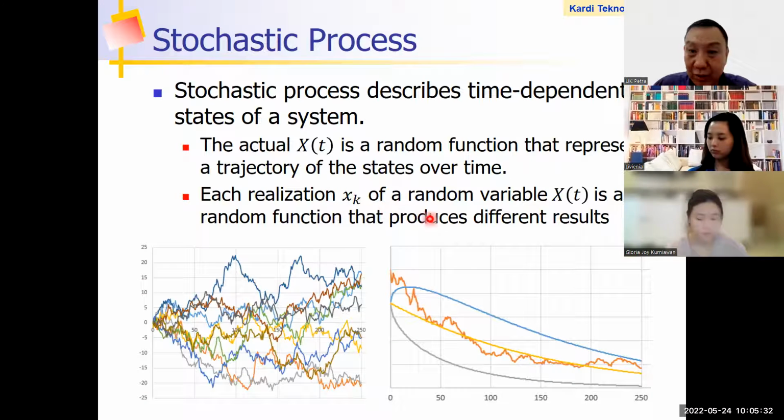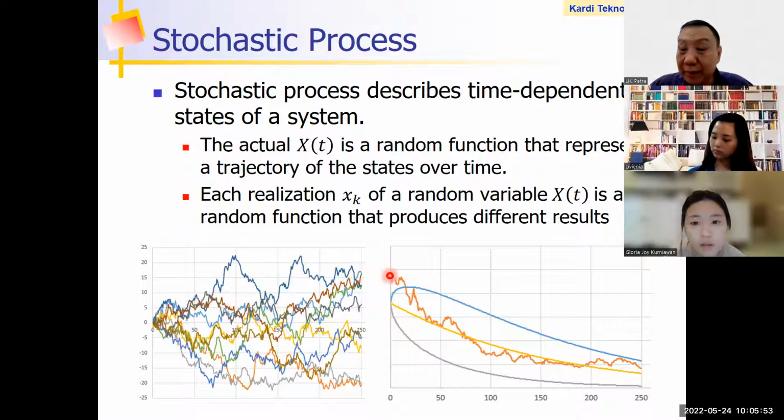And this is the realization of the random variable x. It's a random function that produces different results. That means, look, I have a random function here, and each of these will create one realization. So every time I generate, say, if I use F9 in Excel, I will generate a new one, right? So it's random trajectory. Okay, so this is called realization.